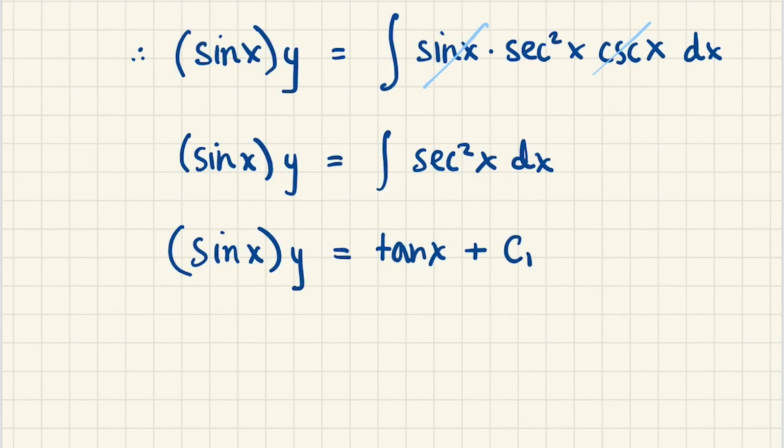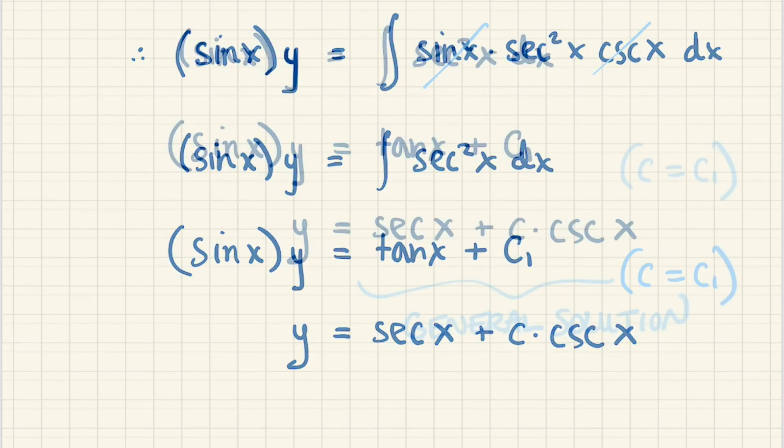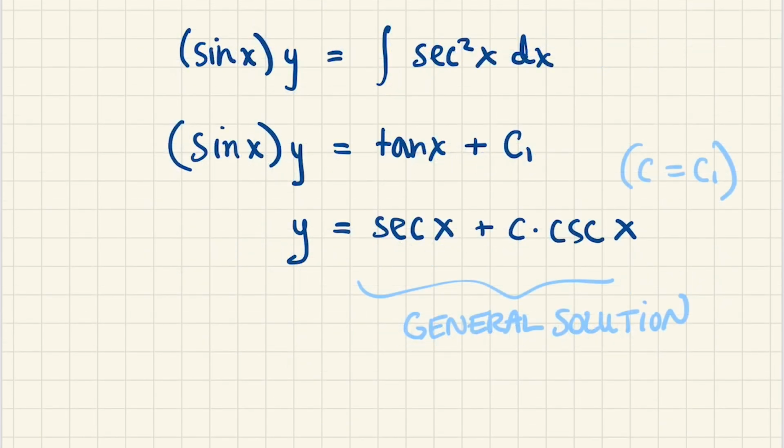And now we'll divide everything by sine of x. Tangent divided by sine is secant, of course, plus cosecant over here. And since this is our final answer, let's just call our constant c. Okay, this has no transient terms.